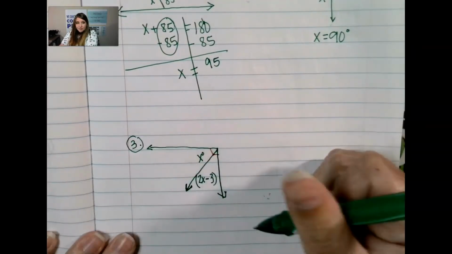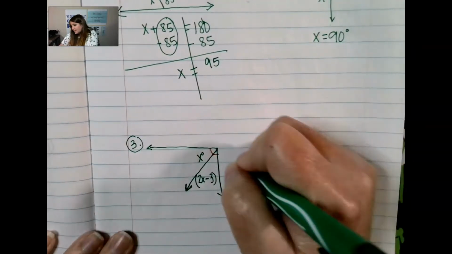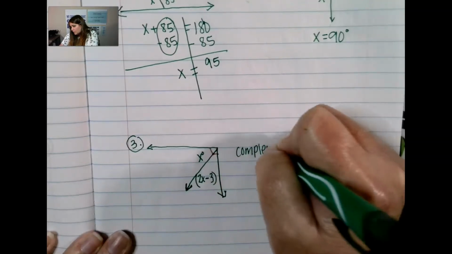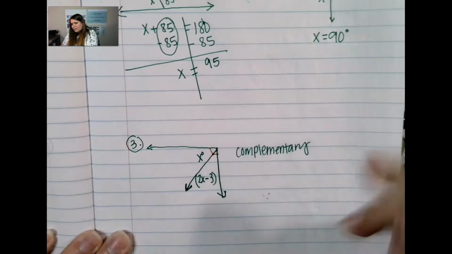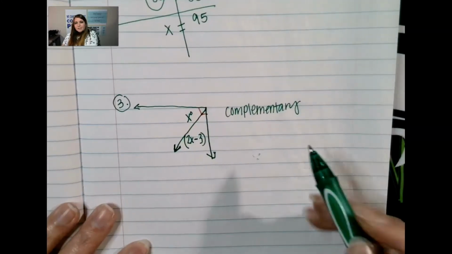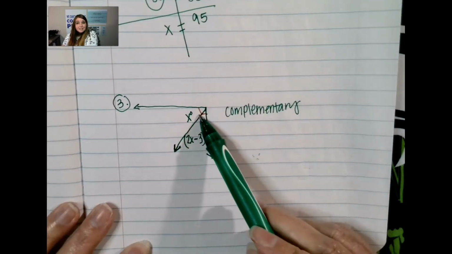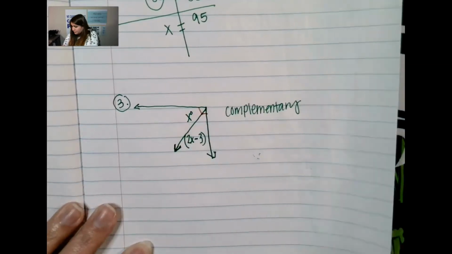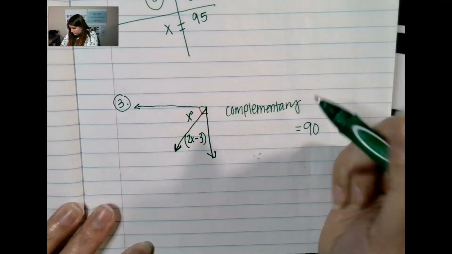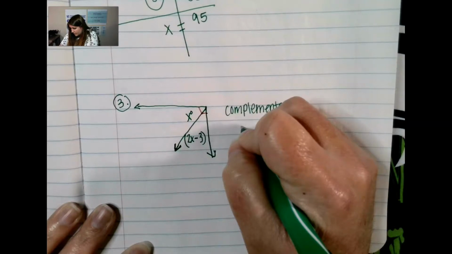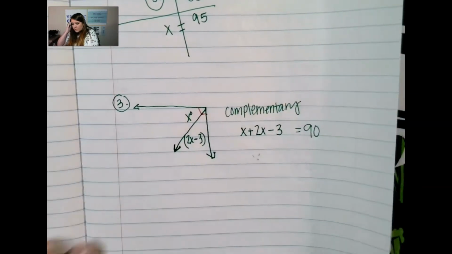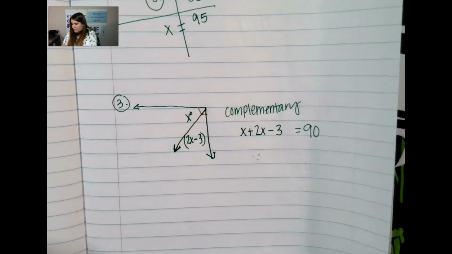Okay, and the last one, number 3. Number 3 is a complementary angle. Look at it giving all those nice compliments to people. Okay, it's complementary because it equals 90 degrees. So we're going to automatically set it to 90. It is x plus 2x minus 3. So I need to combine the things that are the same.